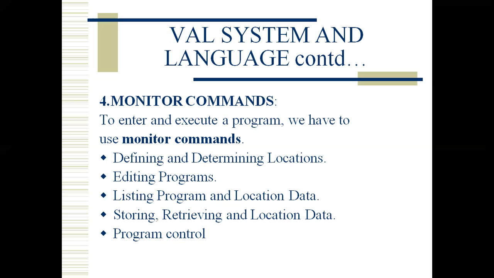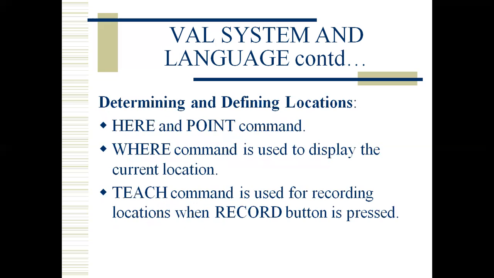Likewise, milling will have a sequence of steps separate, drilling separate, reaming separate, boring separate, cutting separate, and so on. Those programs will be stored, and whenever necessary they can be retrieved from the system storage, along with location data. And overall, these programs can be controlled within monitoring strategies.